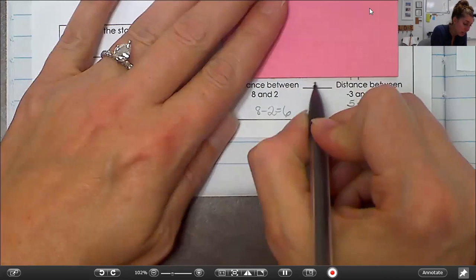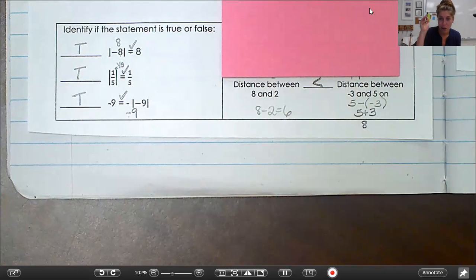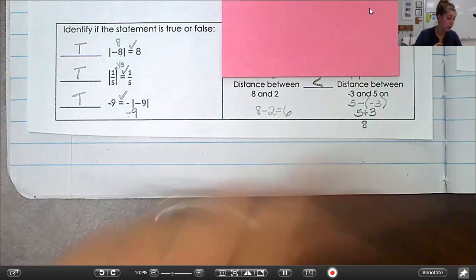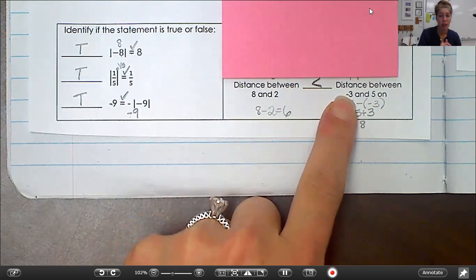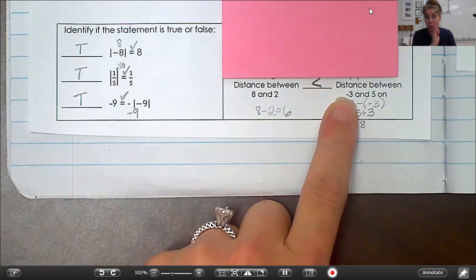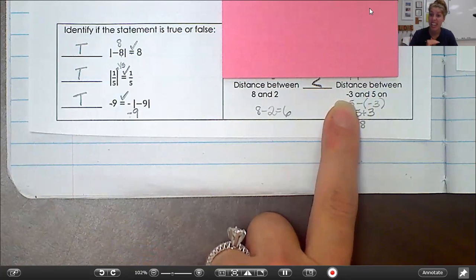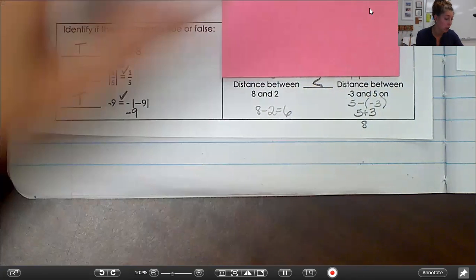However, if you don't, what I would recommend doing is put your finger on 5 on a number line and just jump your way down to -3. So how I think about this problem, let's start at -3 because that's what it says to do. If I start at -3 and go up to 0, that's 3 spaces. Then if I go from 0 to 5, that's 5 more spaces for a total of 8. And so that's how I got 8 there also.